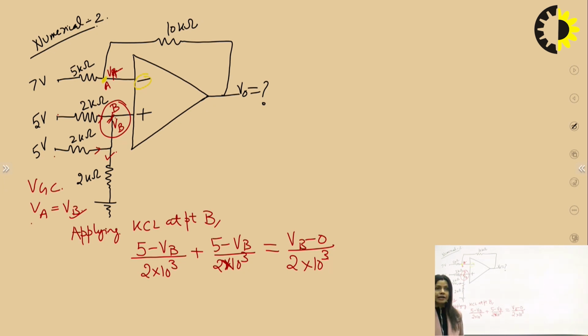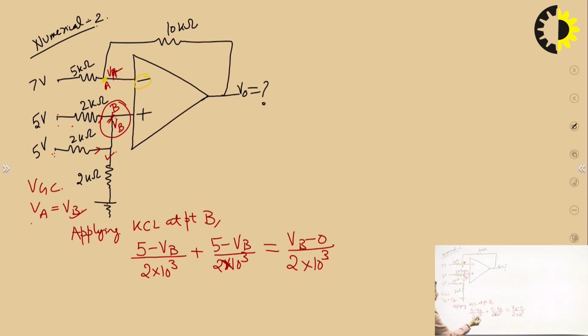Simple KCL I have applied, nothing else. I have applied simple KCL at point B, that is (5 minus VB) upon 2 kilo ohm plus (5 minus VB) upon 2 kilo ohm is equal to (VB minus 0) upon 2 kilo ohm, as I did before. Similarly, there is no other way.